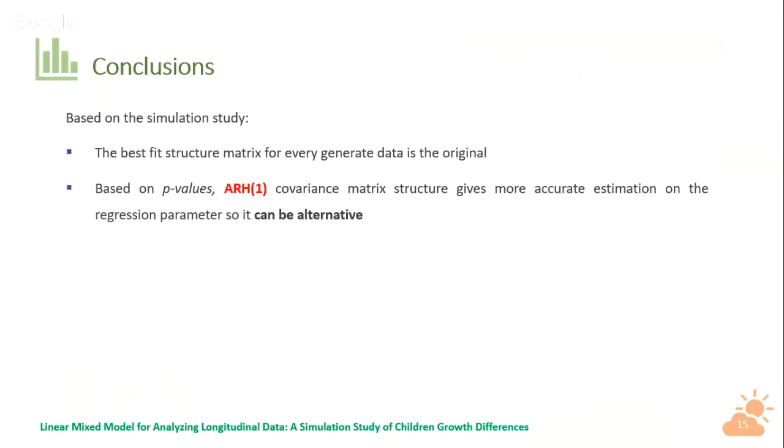From this, we show in the minus 2 log likelihood, if we generate the data by first order autoregressive, the less value is the unstructured variant covariant. So the unstructured model is the first best model, and the second model is heterogeneous autoregressive. So there is a top three model from the fit indices minus 2 log likelihood.